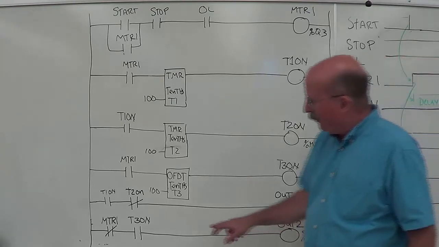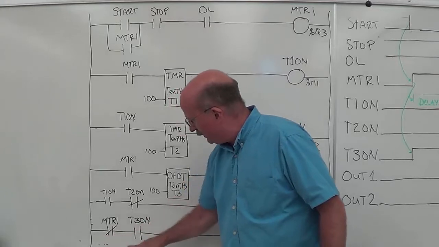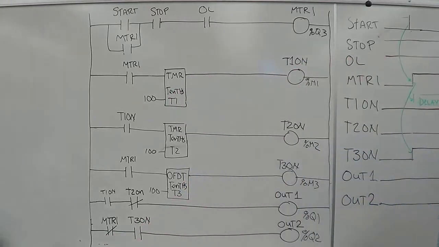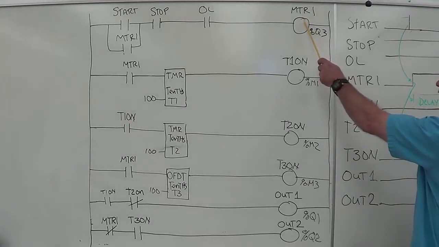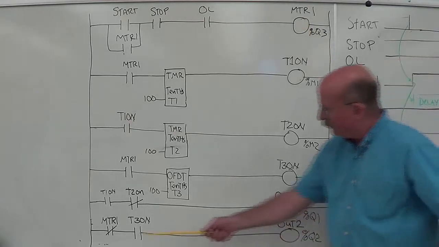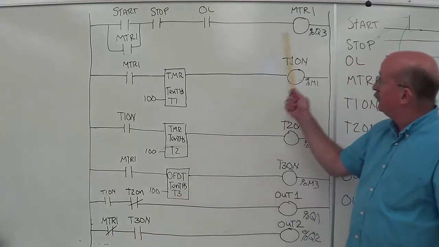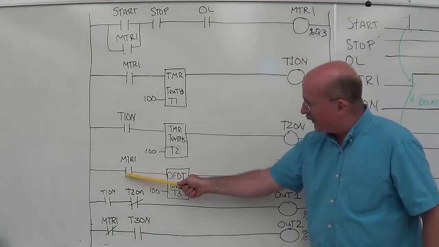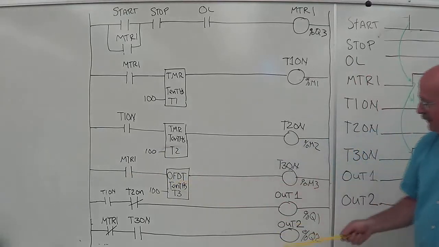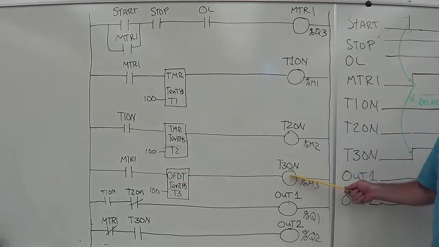Now if we look down here, we've got motor 1 and T3 on. Motor 1 is running, stop motor 1, those contacts close again, right? As soon as motor 1 starts running, those contacts close, turn that on. That output goes on immediately because it's an off delay.